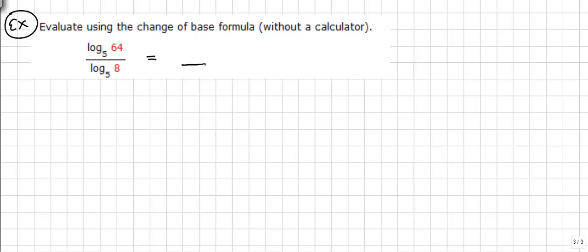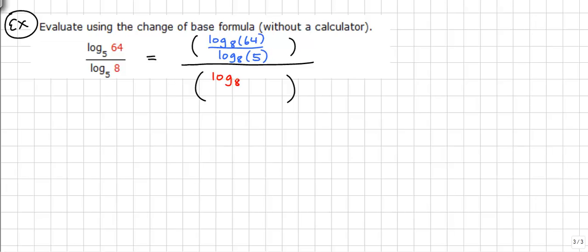So what if I use the change of base formula and change how both the numerator and the denominator of the existing fraction look by using change of base to convert to log base 8? So log base 5 of 64 would convert to log base 8 of 64 divided by log base 8 of 5. And log base 5 of 8 would convert to log base 8 of 8 divided also by log base 8 of 5.